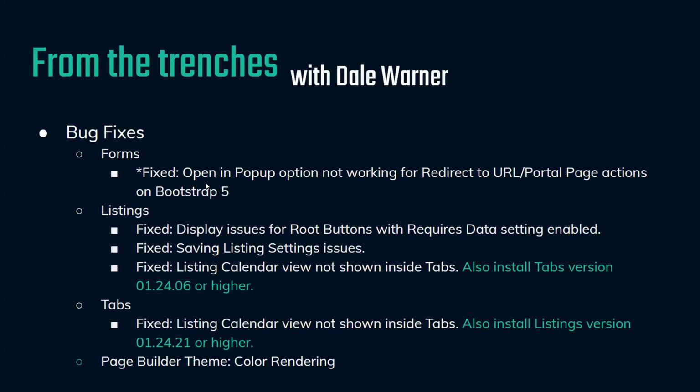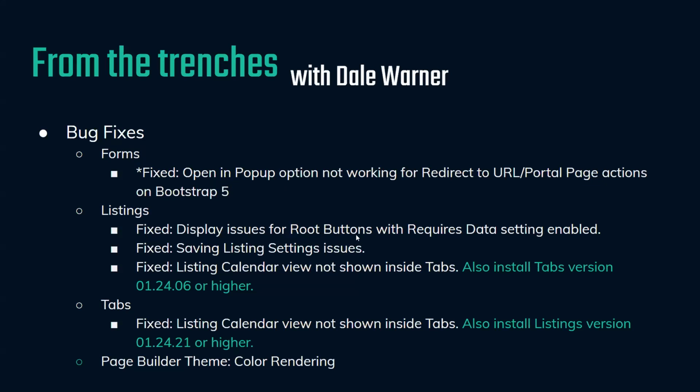There was a change in forms where open in pop-up was not working for a redirect to URL on Bootstrap 5. If you run into this particular issue and you want to install the hotfix, that would be one that would help you. There were also a couple of different things within listings.